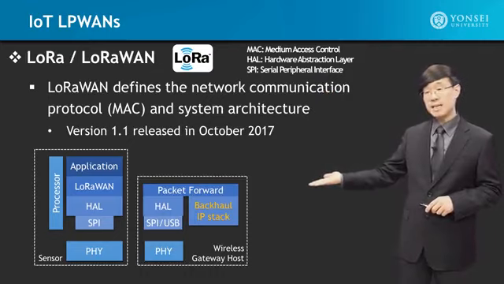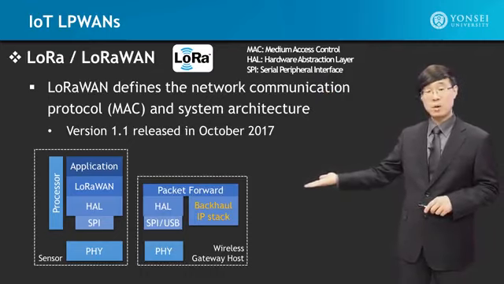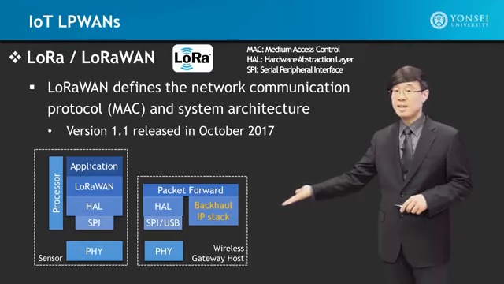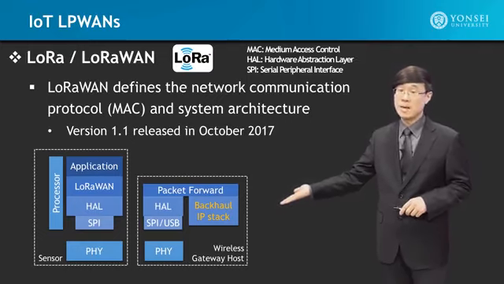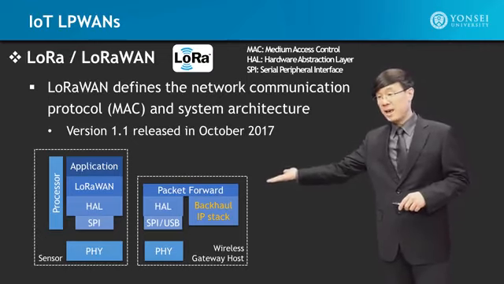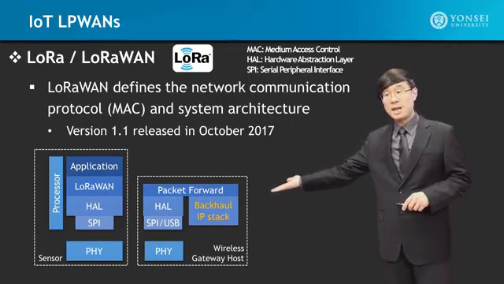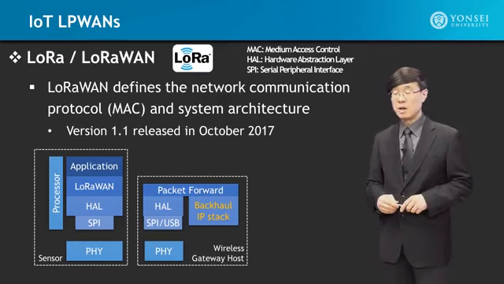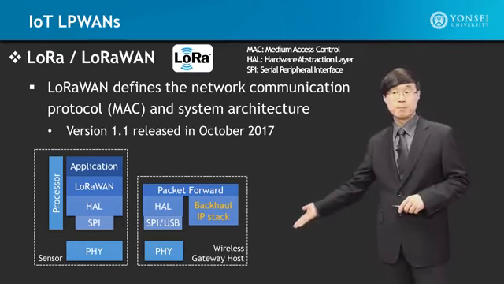Then, connecting to a wireless gateway or host, meaning it has router capabilities, an IP routing table inside, then packet forwarding capabilities, as well as HAL and SPI and USB interactive connectivity, and backhaul IP stack protocol included. Of course, it needs a modem.